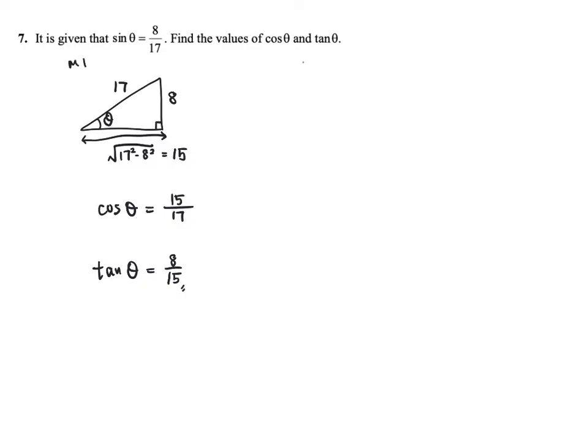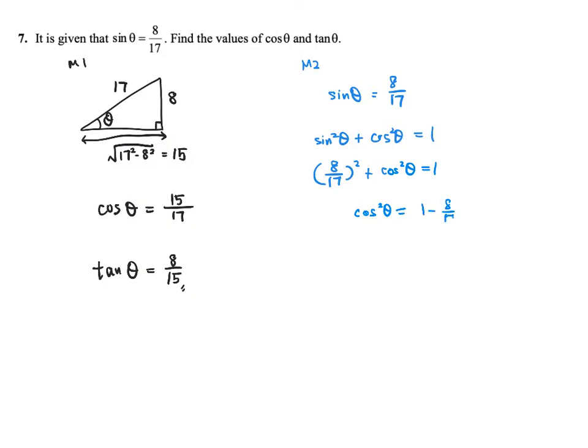For method 2, you just use the identity. You know that this is sine theta, and that sine square theta plus cosine square theta equals 1. So you have (8 over 17) squared plus cosine square theta equals 1.